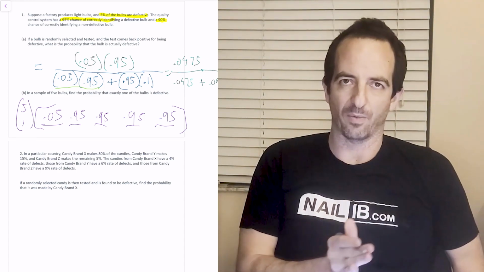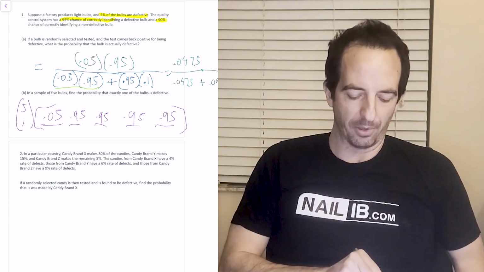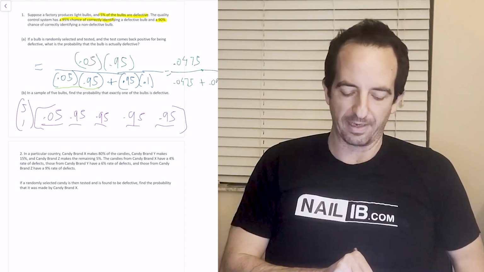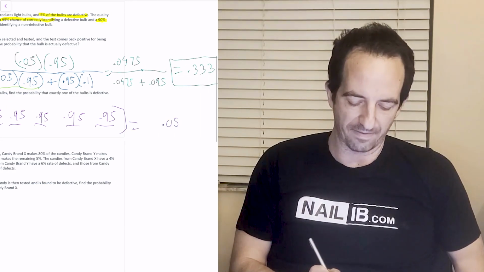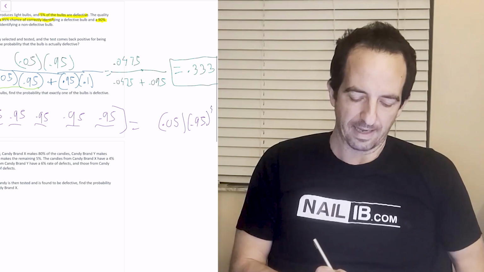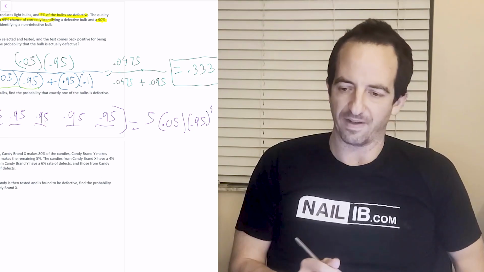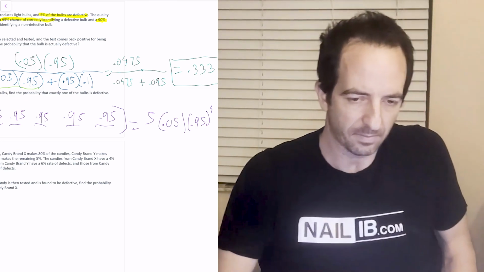In other words, there are 5 different ways that we could arrange these bulbs, which is why we're going to end up multiplying 0.05 times 0.95 to the 4th, times 5C1, which is 5, the 5 ways that we can rearrange those light bulbs.